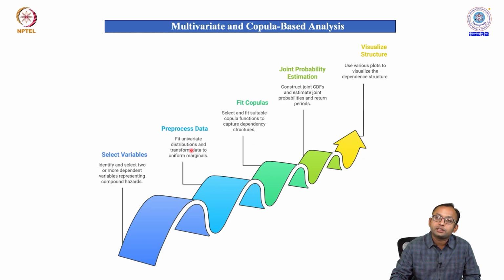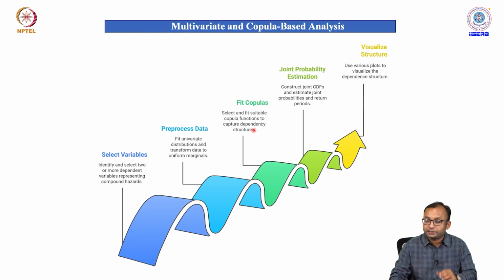Once the marginal distributions are done, you can start fitting the Copula to the model. Based on different Copula models, you have to select which Copula model gives you better results. Similarly, for the marginal distribution fit, you also have to select which marginal distribution function is appropriate for a particular data set.